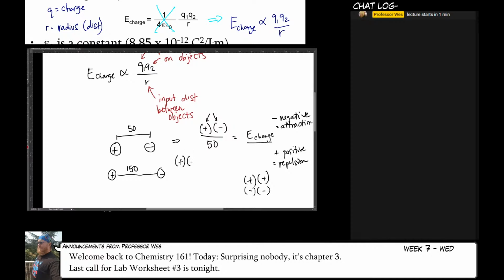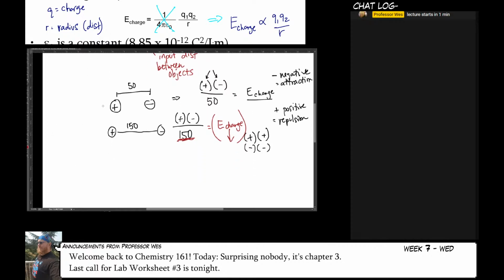But if I look at the same case in this distance, this number will be smaller because I'm dividing by a bigger number. Likewise, I could do a scenario like, say, this one. And then I put it in the equation and I get this.